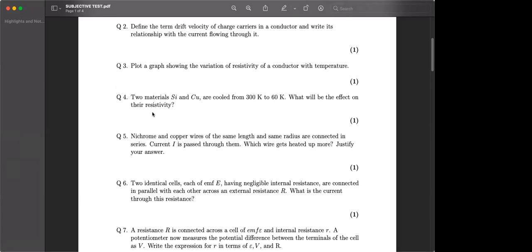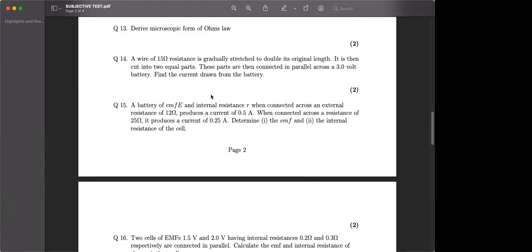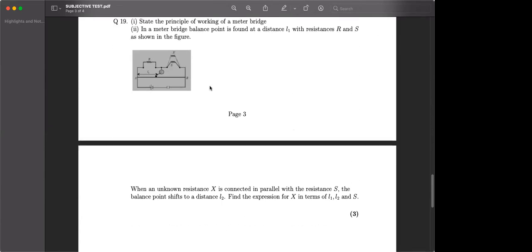So if you send your answer sheet after 10:40, I won't consider it for checking. If you have doubt in any question, you can discuss it.